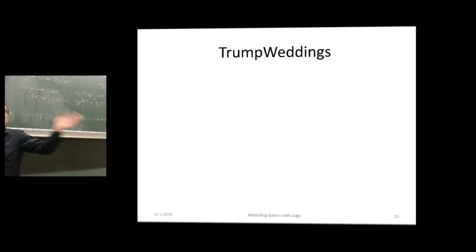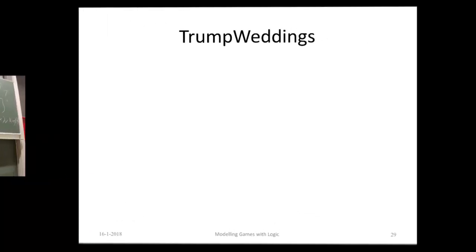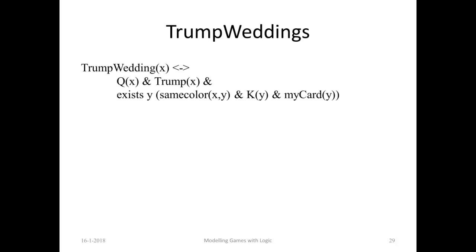So basically what you want to do is you want to check through your cards, is there any card that is the queen? The card is also trump. And I also have in my possession the king of the same color. I know that the game engine allows you to do this in a slightly easier way, so maybe it's not worth implementing this strategy, but still it's possible.